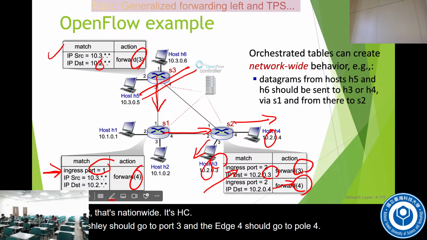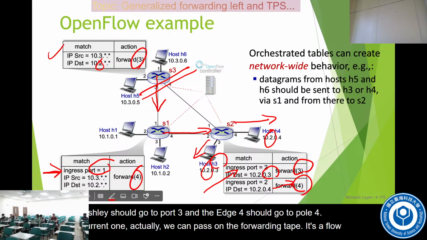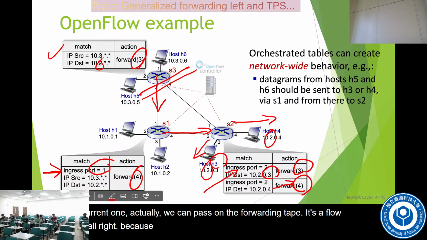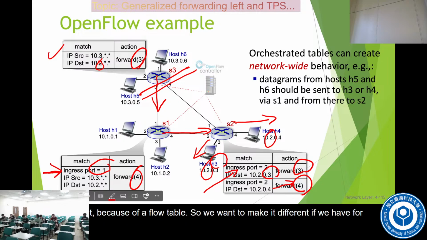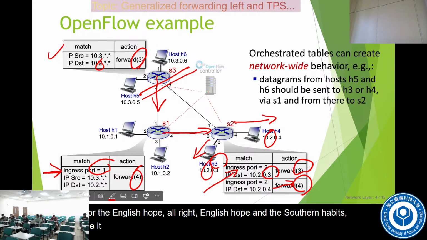Well, the current one, actually we could pass on the forwarding table, but this is the flow table. Because it is a flow table, we want to make it different. At least we have the ingress port, so that this one won't be identical to the forwarding table simply. So this is an example.